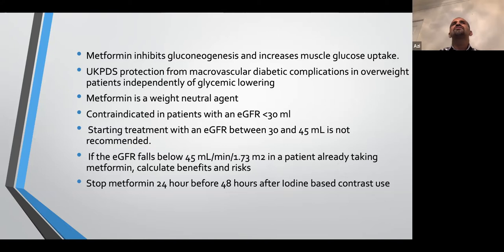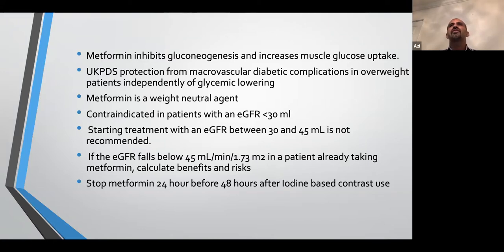Some of our physicians still remember the creatinine of 1.4 and 1.3 among females and males, and that's not the case anymore. If the patient is on metformin and kidney functions have deteriorated a little bit, now we are calculating eGFR.